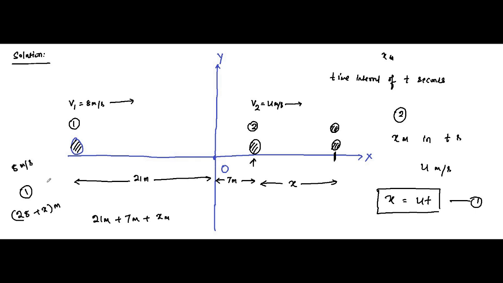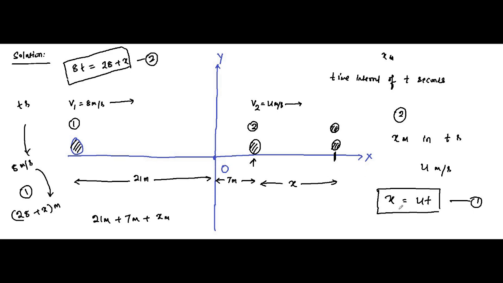They are traveling with uniform velocity. So in those t seconds, particle 1 covered 28 plus x meters. That implies 8t, that is speed multiplied with time, is equal to the total distance covered by particle 1, which is 28 plus x. This is the second equation that we have.